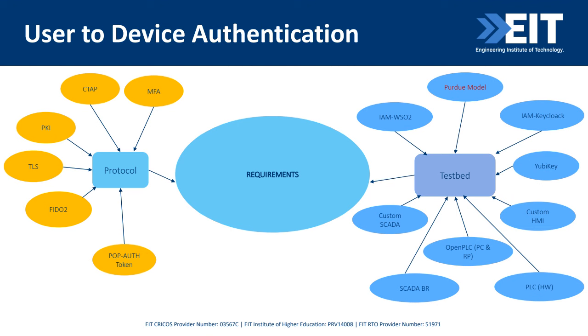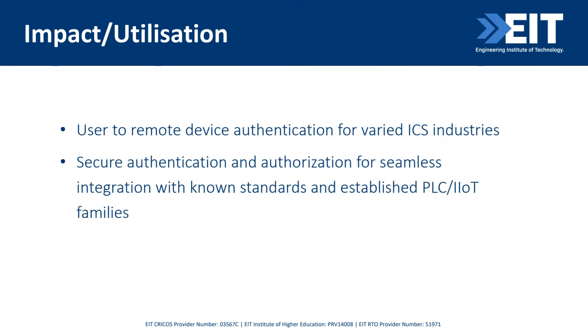And we came up with a very complex test bed where we were able to build a solution to enable human to device mutual authentication. And we were able to do that successfully.